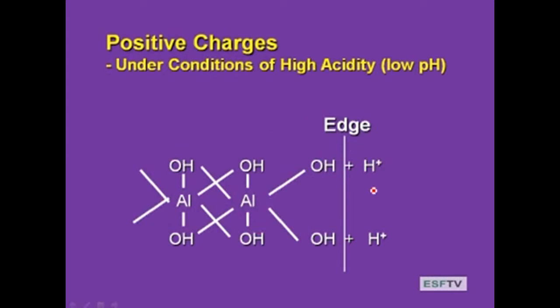Occasionally, instead of having a hydrogen dissociate, you can have a hydrogen attracted. This happens when there's a lot of H plus around. So when is there a lot of H plus around? High acidity. When you have very acid solutions, you can have hydrogens being attracted to these hydroxyls. And this creates a net positive charge.